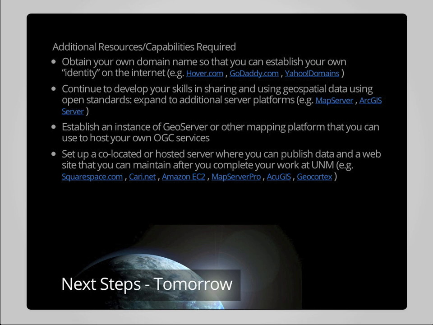And the question might then come up, how can you do that if you don't have access to a machine room where you could put your own server and a dedicated information technology (IT) support staff to help maintain that server?